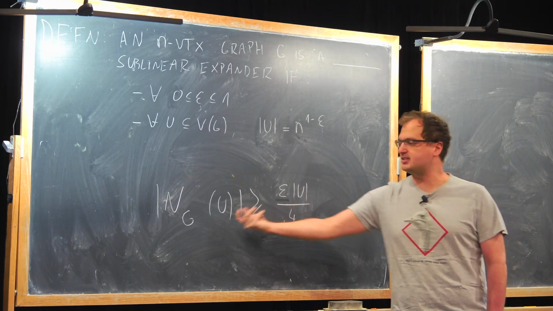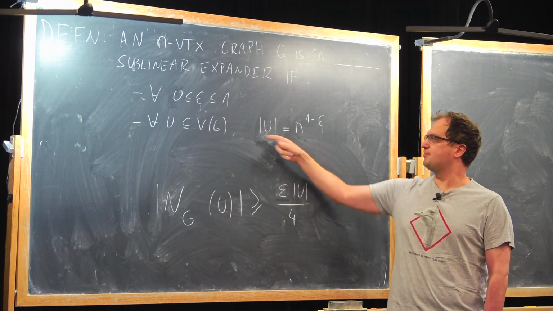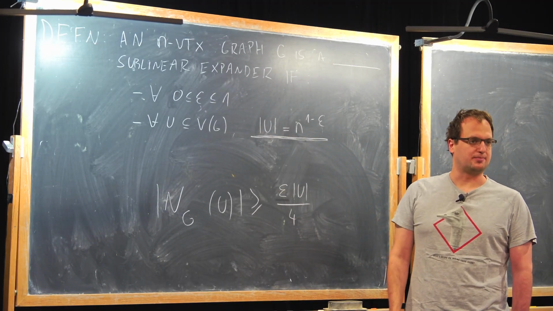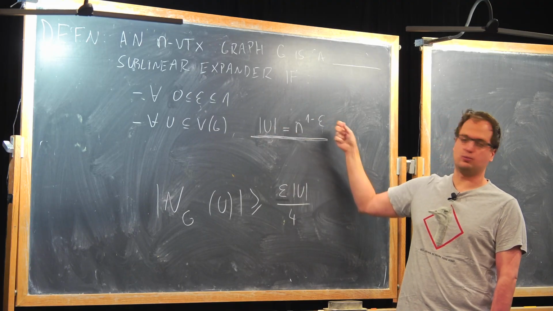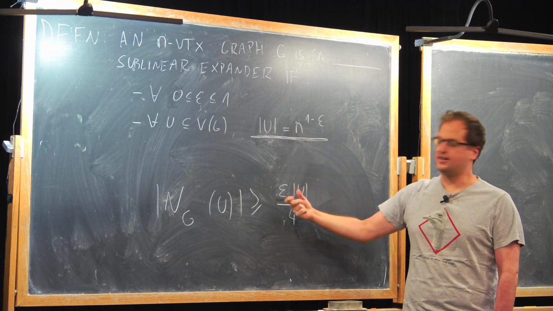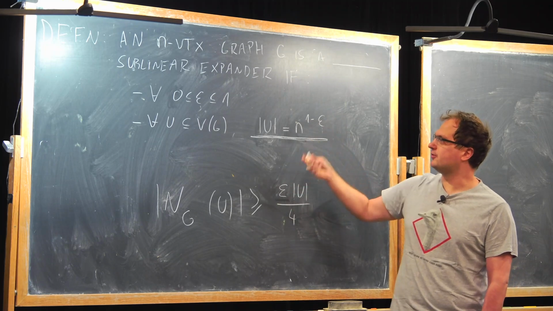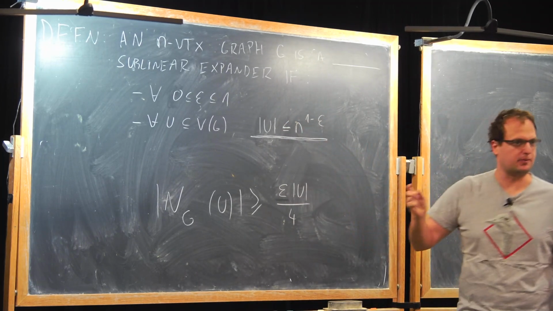It's something that depends on the size of the set. And how does it depend on the size of the set? This equation tells you. So if your set U has size n to the 1 minus epsilon, you should get an epsilon factor expansion.